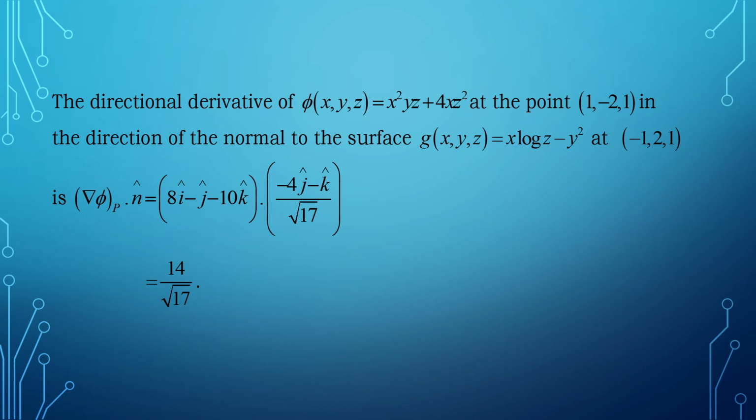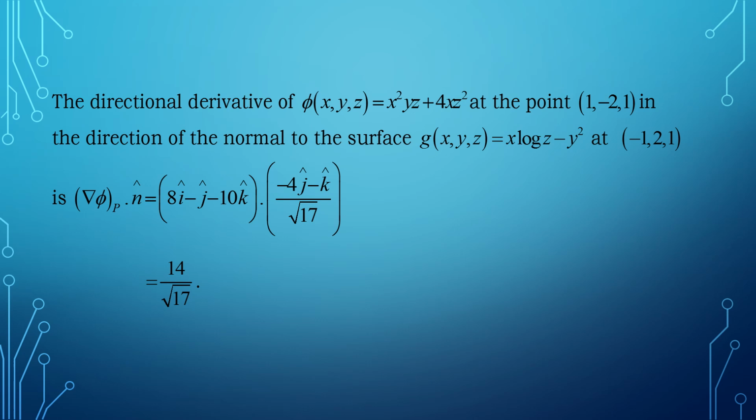So del phi at p dot n cap equals 8i cap minus j cap minus 10k cap dot minus 4j cap minus k cap by root 17.